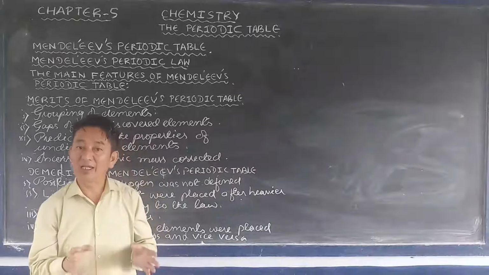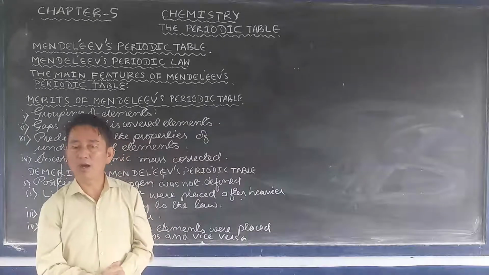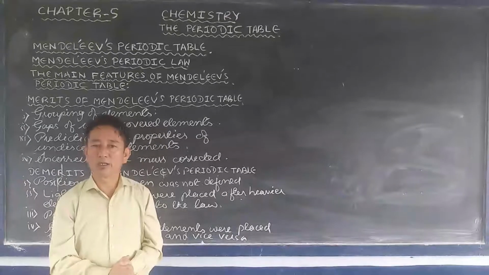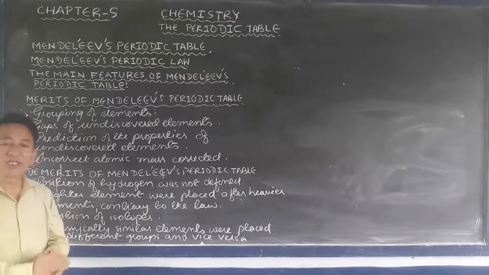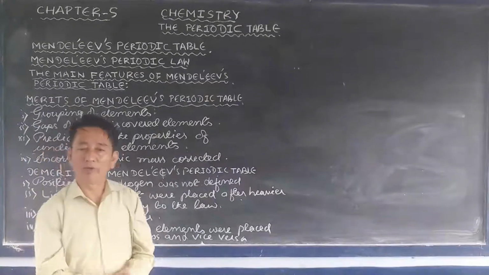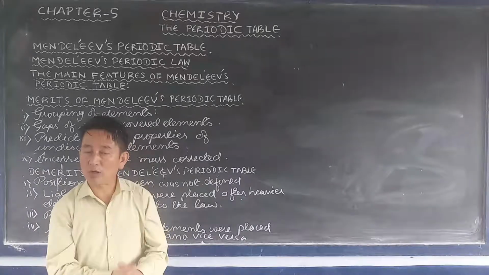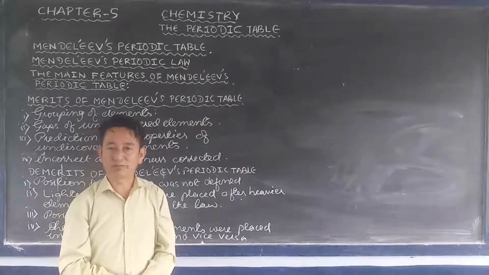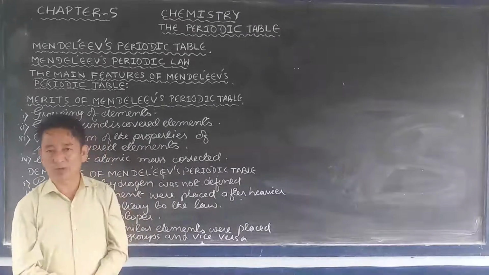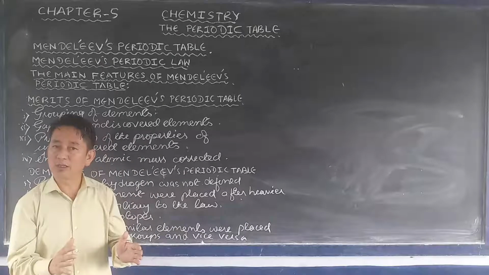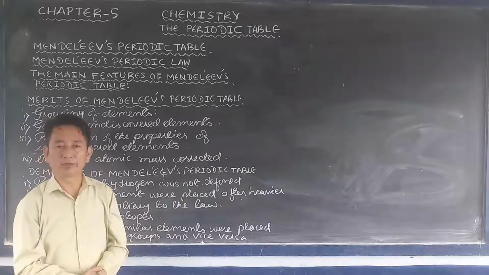Here the 9th element, not the 8th element, shows similar properties. And this law did not work well for heavier elements. It did not work beyond calcium. As more and more elements were discovered, they did not fit in Newlands' law of octaves.